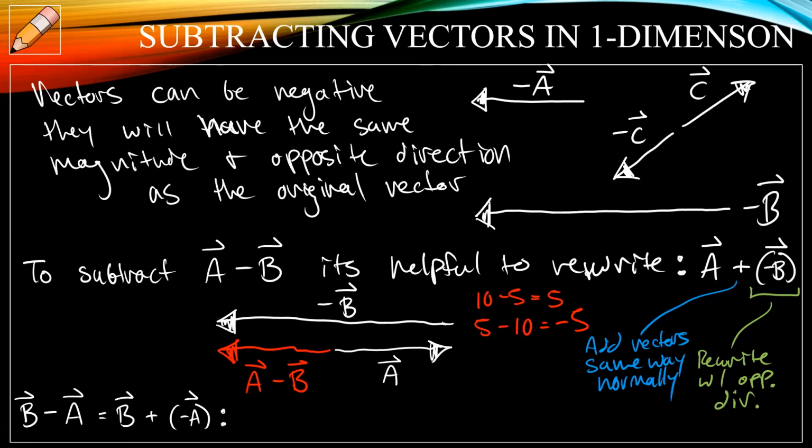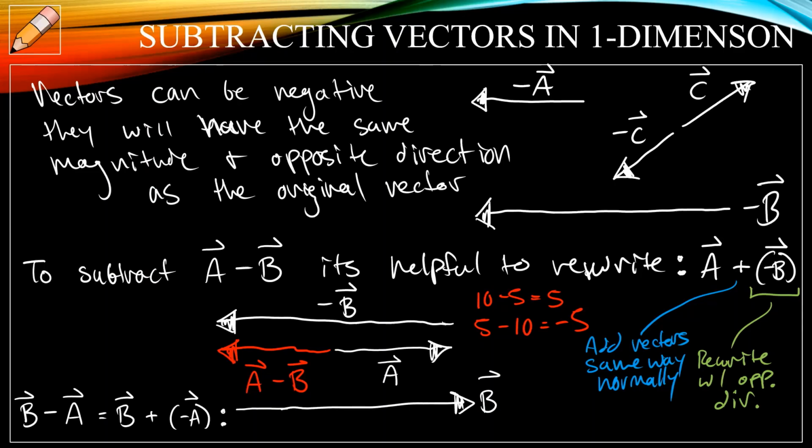You're starting with the vector b in its normal orientation, about that size and in that direction. So here's my vector b. And then my vector negative a is going to be this big, but with the opposite direction.